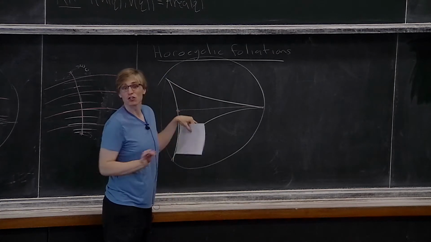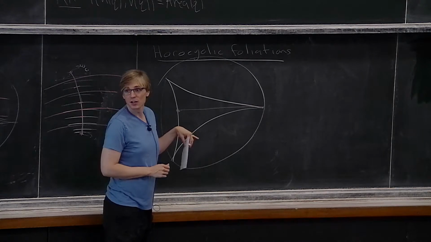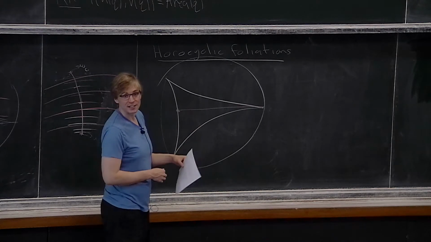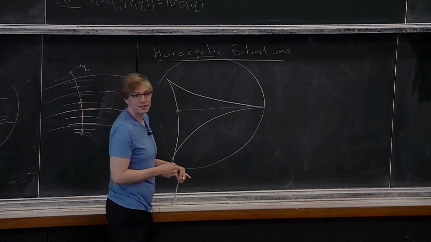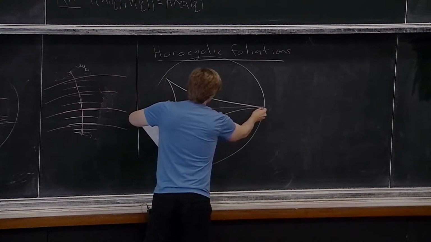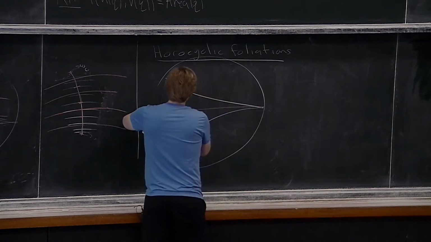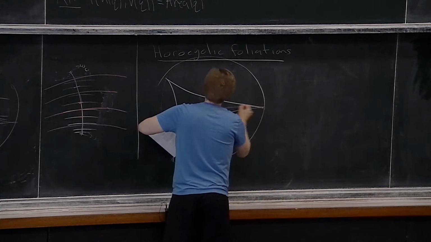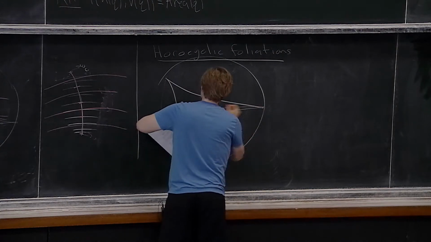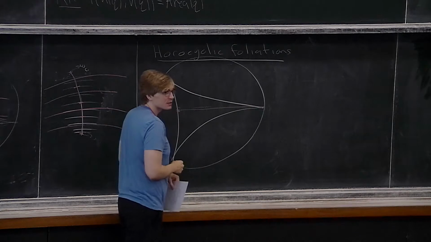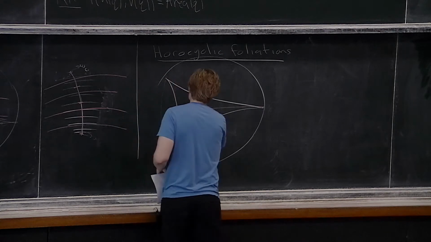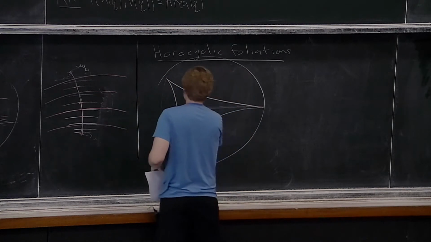Okay, so geodesics on their own don't have a center, they're infinite length. But if you have a triangle, each edge has a center, even if all the edges have infinite length. And these centers are just given by the unique point so that if I look at the geodesic to here, this will give a right angle. Okay, so that gives me these three centers.